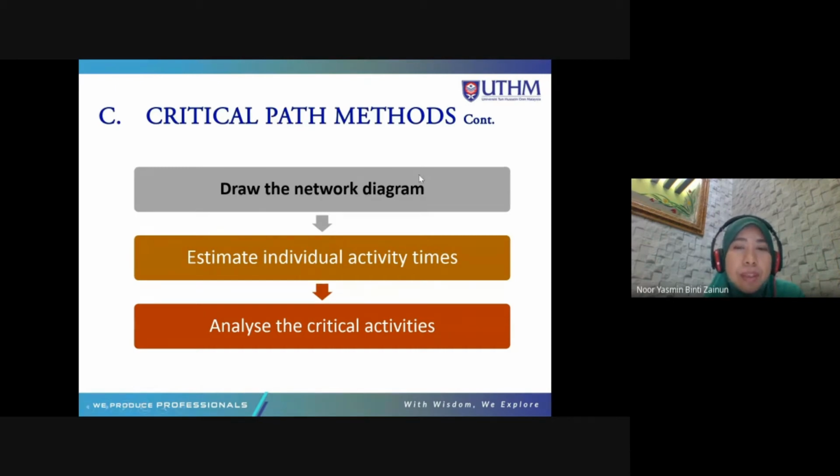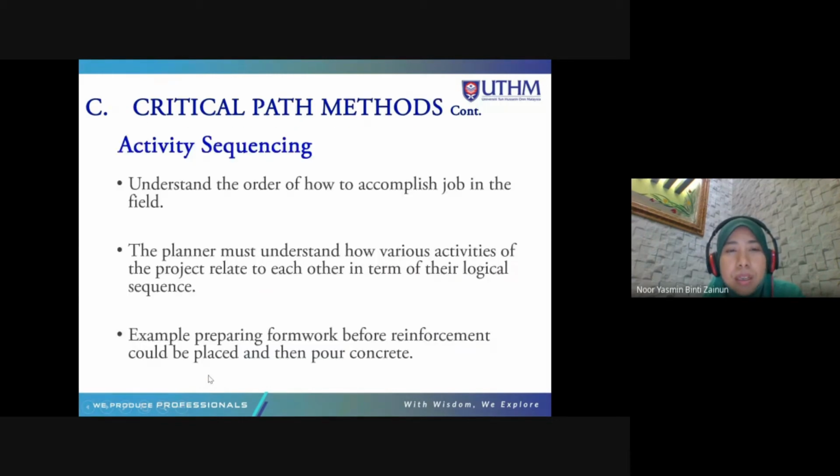How do you do the critical path method? First, you need to draw the network diagram, estimate the individual activity time, and analyze the critical activities. First is activity sequencing. You need to do the WBS. How do you do that?